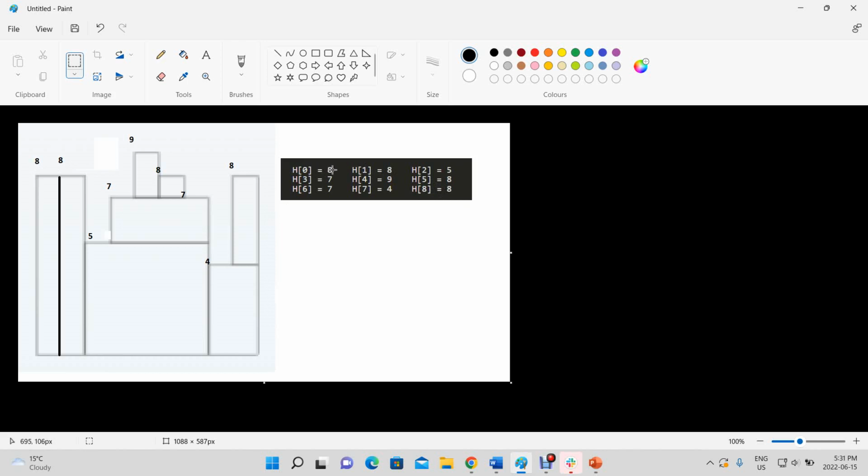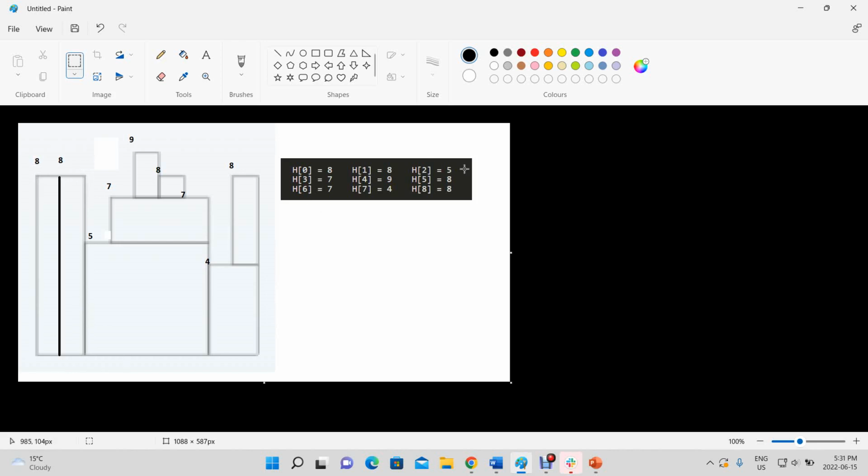We see the first element was 8, so that's the first point. The second element was 8 as well, so we move over 1 meter, and that's the start of the second element. So even though I have a line here, since it doesn't change heights at this point, H[0] and H[1] are points for the same block.